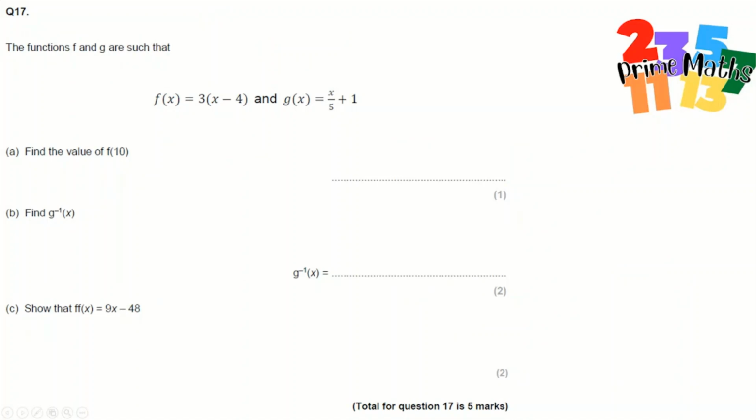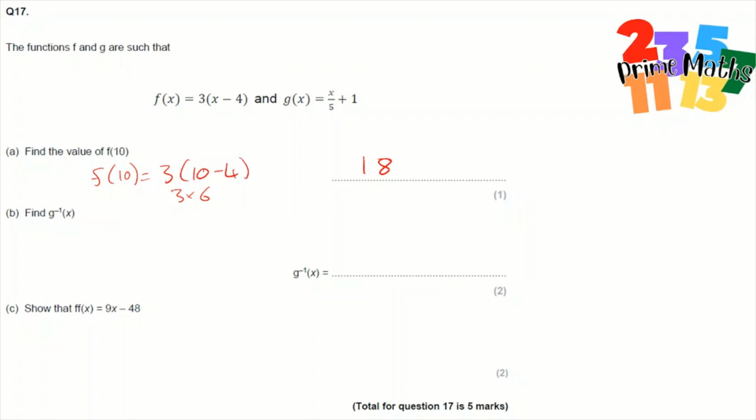Question 17 is a functions question. We've been given two functions. The first one wants us to find the value of f of 10. So f of 10, we substitute 10 instead of x. This gives us 3 lots of 6, which is 18. The second question wants us to find an inverse function.